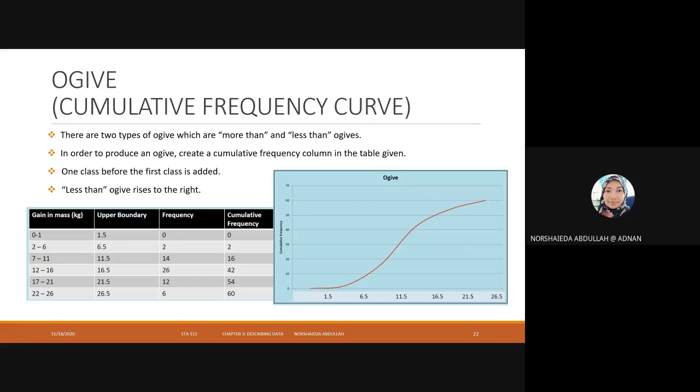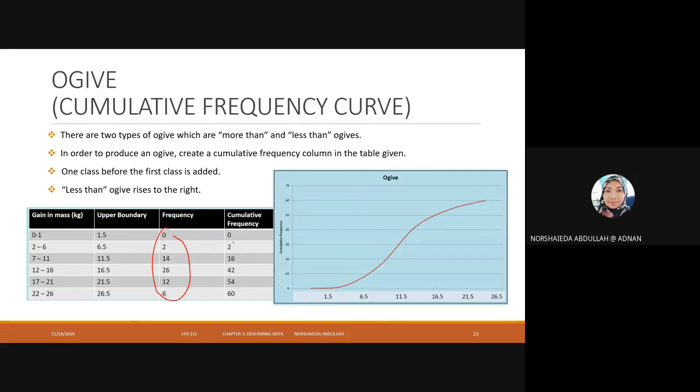Okay, and we need to start with the class before the first class. Okay, class before the first class. Okay. So we already have frequency. This is the frequency. So next we identify the cumulative frequency.